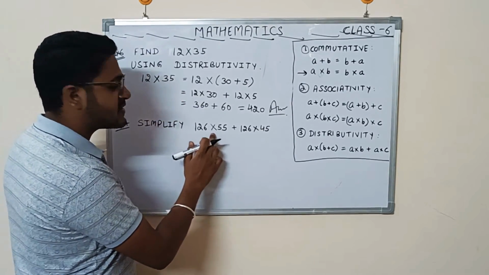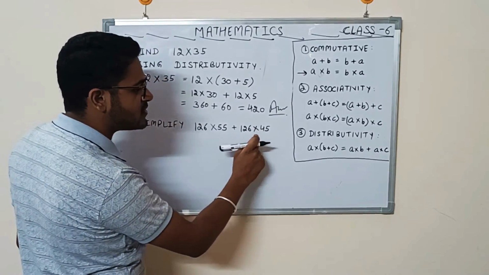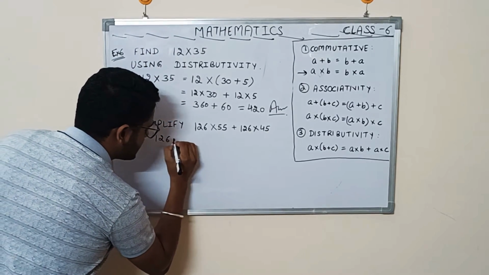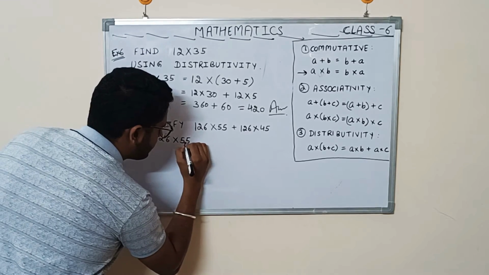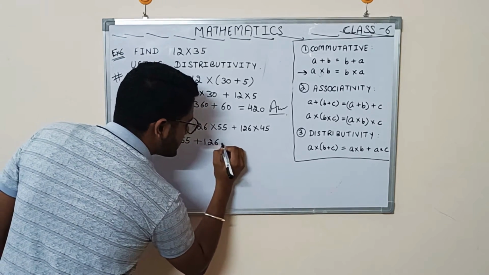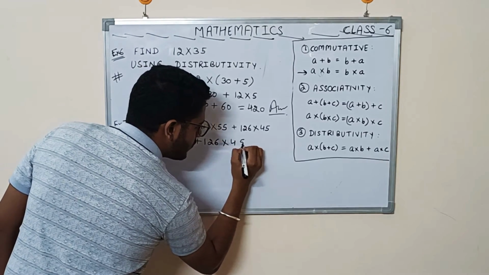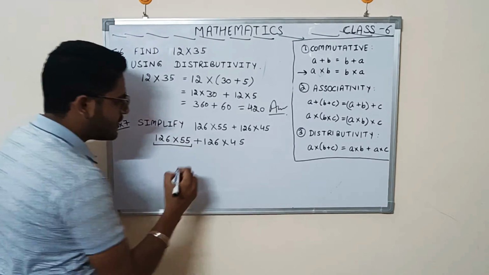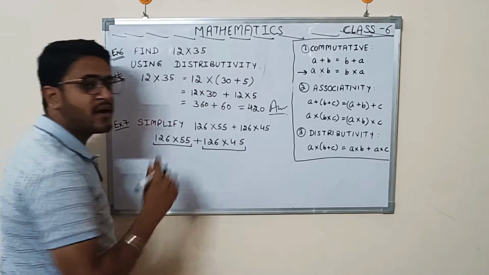Simplify 126 into 55 plus 126 into 45. 126 into 55 plus 126 into 45. From these equations, this part and this part, right?